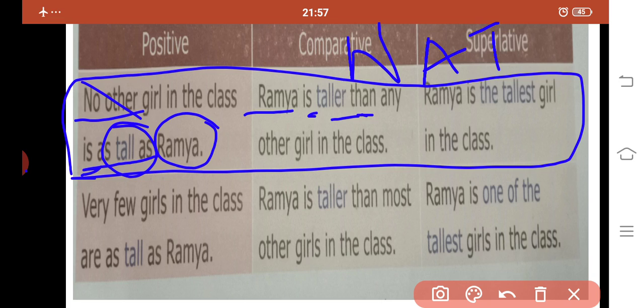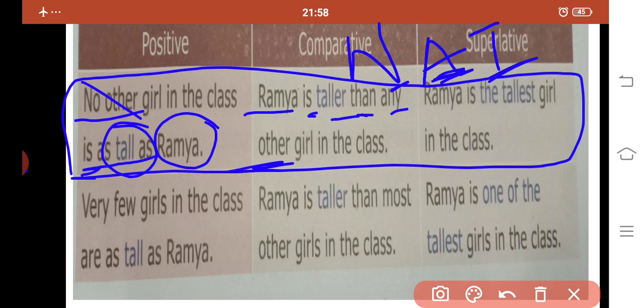This is the NAT method, type 2 method. So we are using any other, A for any other here. Don't forget to add this word, any other girl in the class. This way we make the comparative form. N for no other, A for any other, T for the.